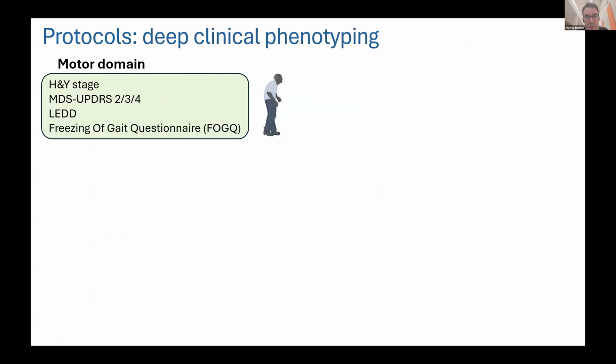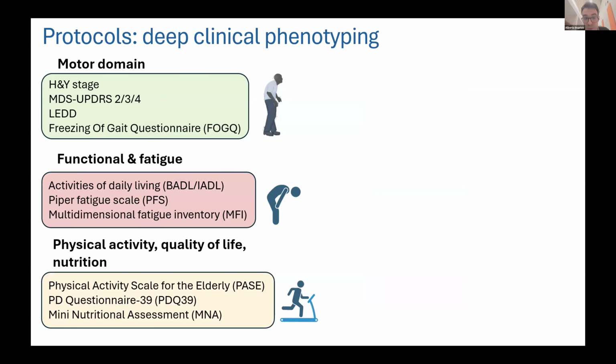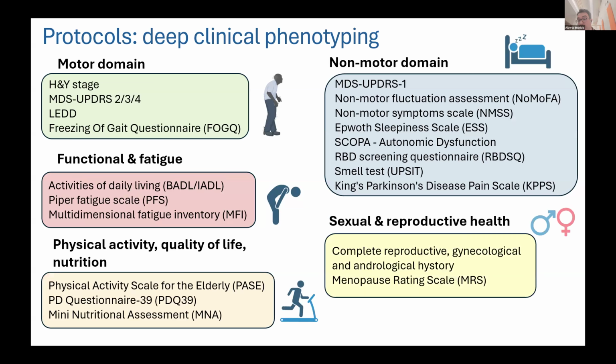So we are conducting a deep clinical phenotyping, including motor domain, functional activities, and fatigue, as well as physical activity, quality of life, nutrition, but also a battery of exams of non-motor function, including sleepiness, pain, olfaction, etc., as well as a complete reproductive, andrological, and gynecological history in all participants, as well as the menopause rating scale, which assesses the main symptoms associated with menopause in women patients.